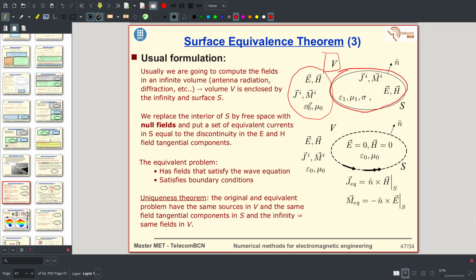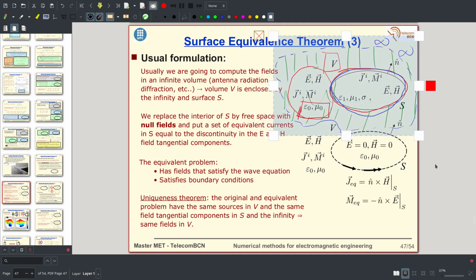So volume V is free space that is homogeneous, and it is enclosed by surface S inside and by infinity outside. Okay? So volume V is this, and it is outside of surface S, and surface S encloses the object.